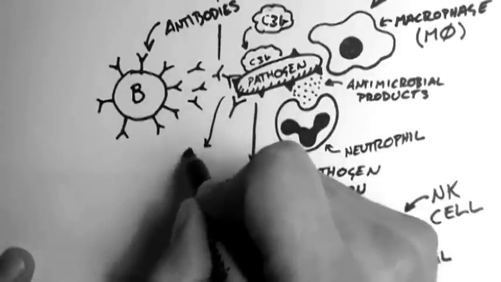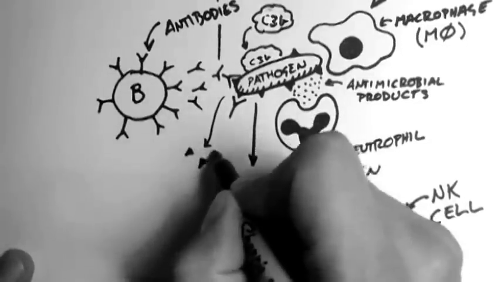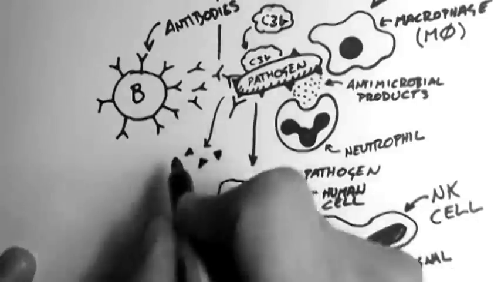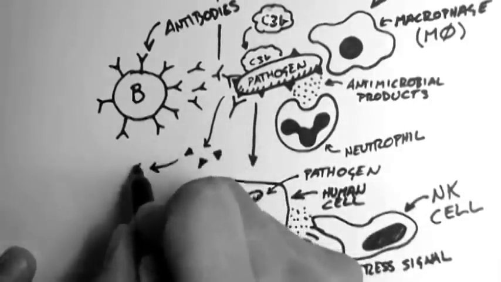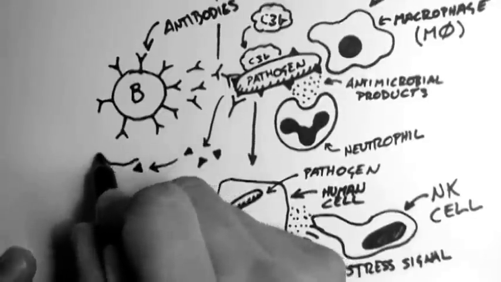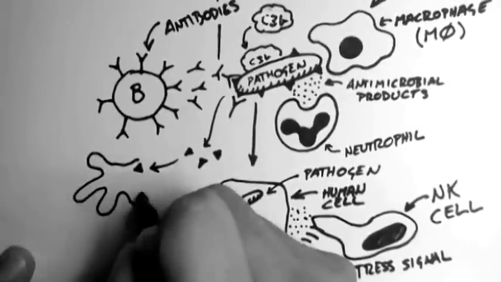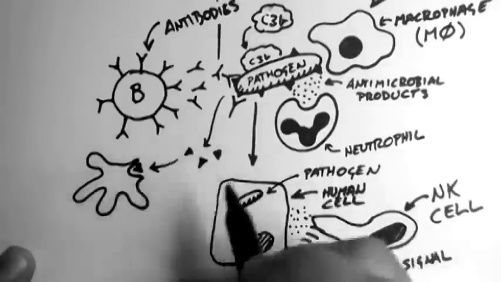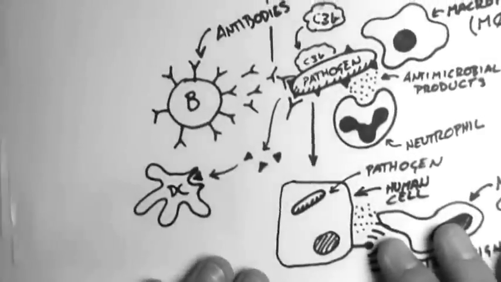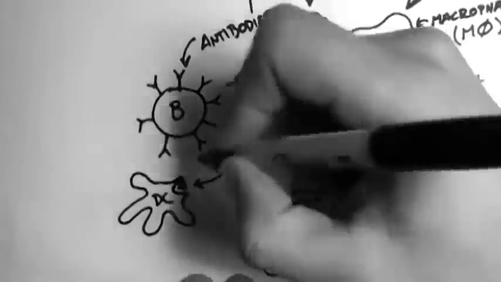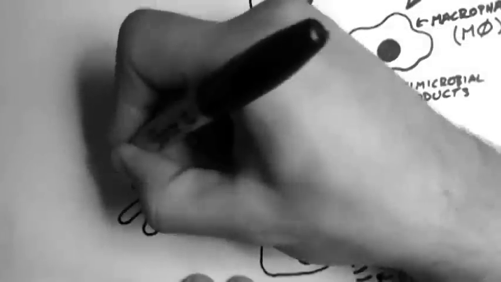Now, little bits of these pathogens can come off, and they get swallowed up by a cell known as a dendritic cell, or a DC for short. Now, the DC puts these little bits of the pathogen in a molecule.